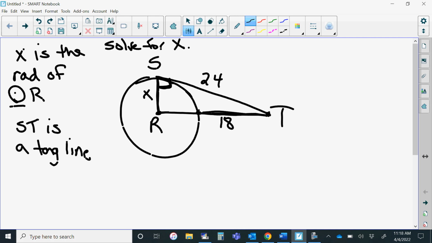What is the length of this? X. What is the length of this whole thing? No, because 18x would be 18 times. But we're going to write it as x plus 18. That is the length of that RT side. Does everybody understand how I filled that in?